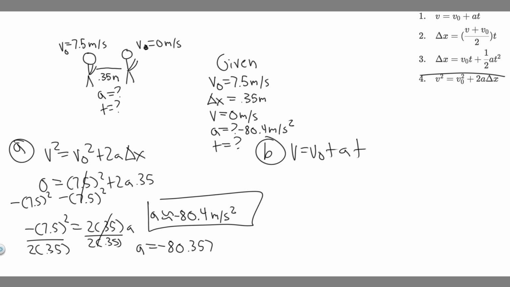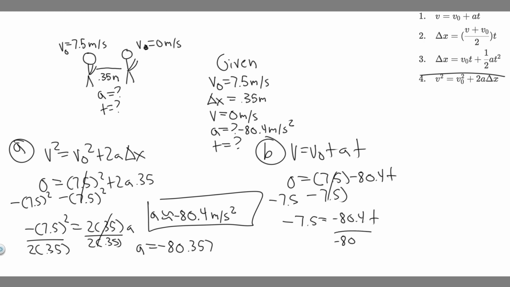All we have to do is plug in. So v is 0, which equals v sub 0, which is 7.5, plus a negative number, so minus 80.4 times t, which is what we're solving for. Minus 7.5 from both sides: minus 7.5 equals minus 80.4 times t. Divide by minus 80.4, so t equals 7.5 divided by 80.4, because the minus signs cancel.